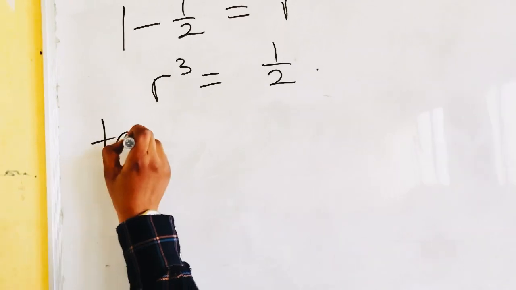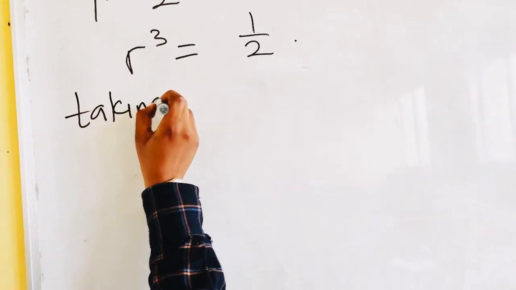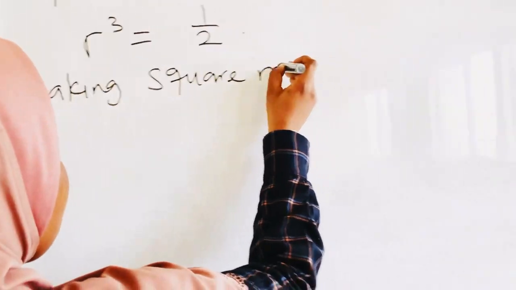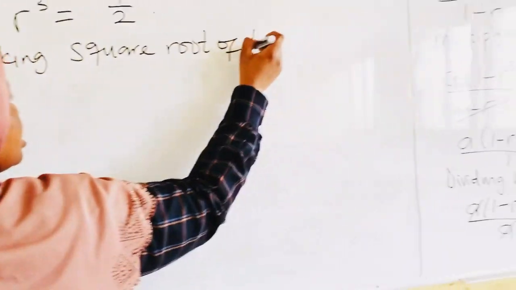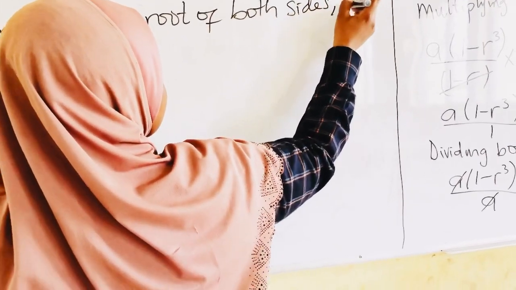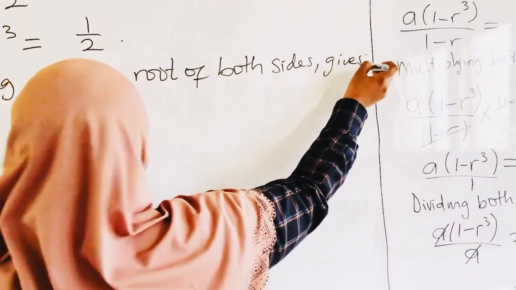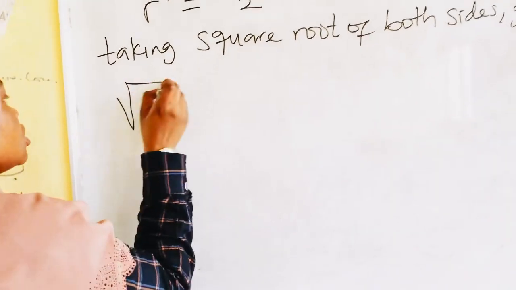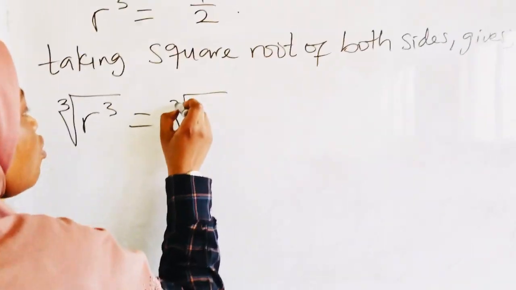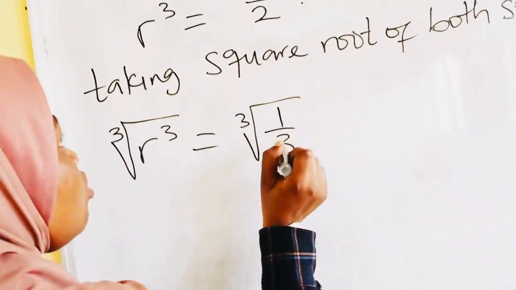Taking cube roots of both sides gives the following: the cube root of r cubed is equal to the cube root of 1 over 2.